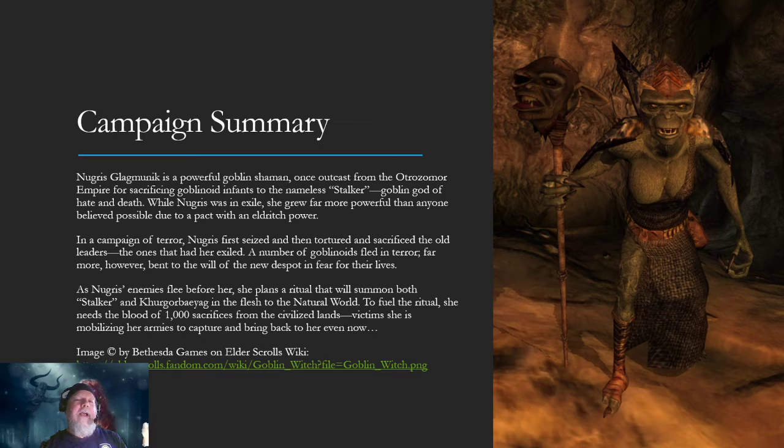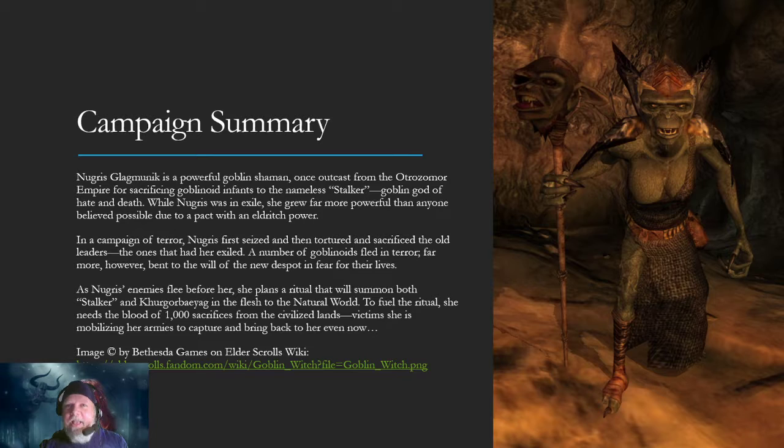Now, as I said a few minutes ago when we started, this is just one idea, one way that you could build a campaign where the primary antagonist for your party, all the way from Tier 1 up through Tier 4, is going to be Goblinoids.